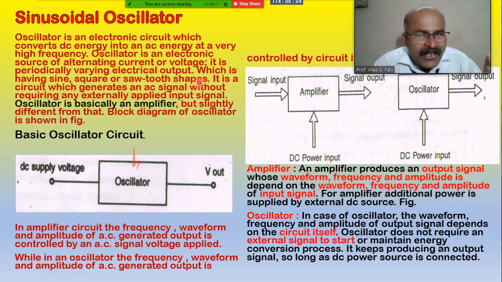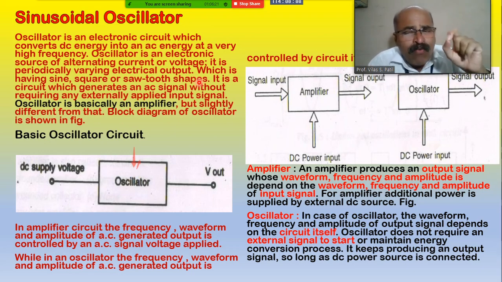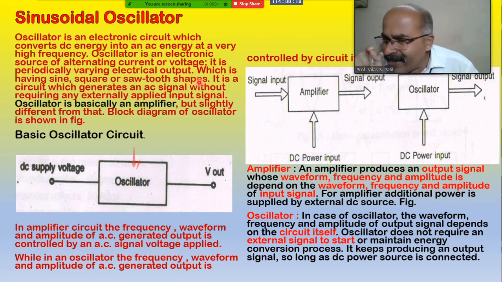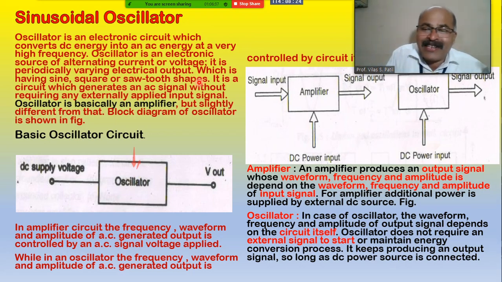If the electronic circuit whose electrical output in the form of current and voltage is varying in nature, is changing, then that circuit is known as an oscillator. If output is the sine wave, then that oscillator is known as a sinusoidal oscillator.